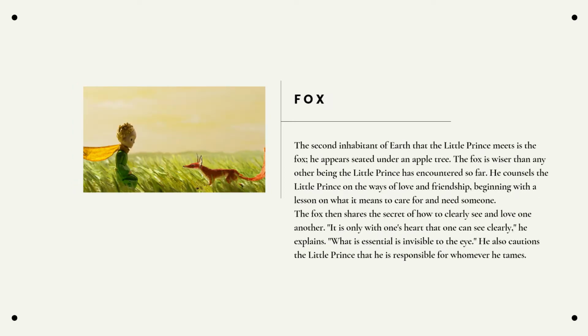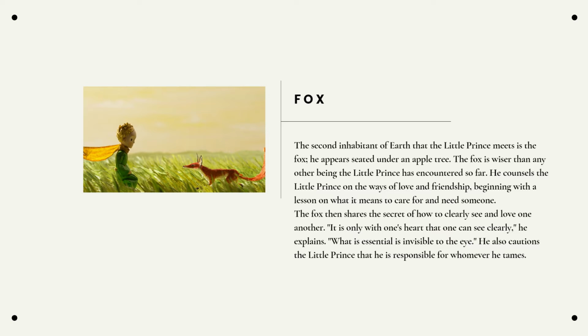The Fox. The second inhabitant of Earth that the little prince meets is the fox. He appears seated under an apple tree. The fox is wiser than any other being the little prince has encountered so far. He counsels the little prince on the ways of love and friendship, beginning with the lesson on what it means to care for and need someone.